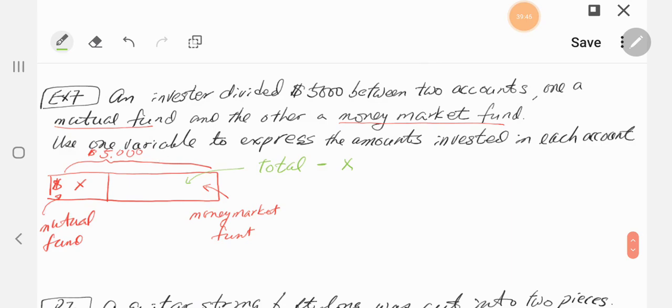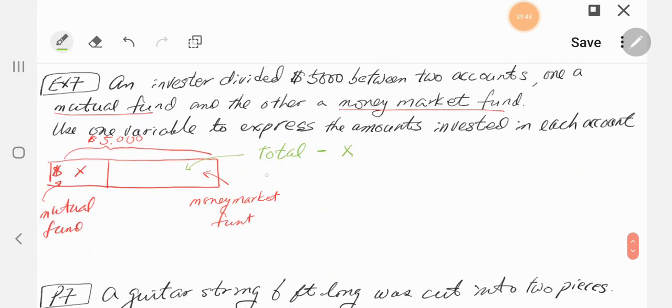The leftover amount is 5,000 minus X. So if X is the amount in the mutual fund, the other account has total minus X, the leftover.